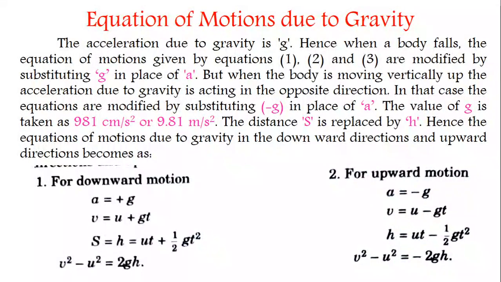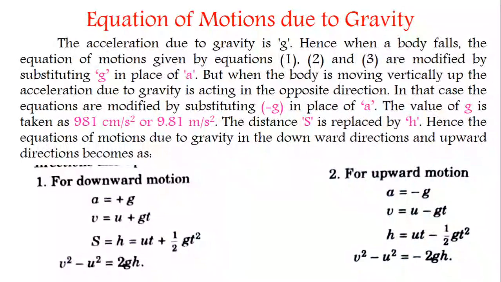The value of g is taken as 981 centimeter per second squared or 9.81 meters per second squared. The distance s is replaced by height h.